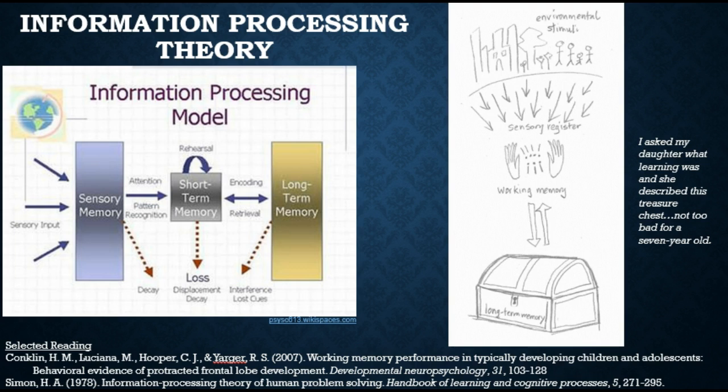So if I, for example, can't seem to explain the stages of meiosis, I'm going to get more diagrams and more little instructional videos from the textbook publisher to support my learning in that area.